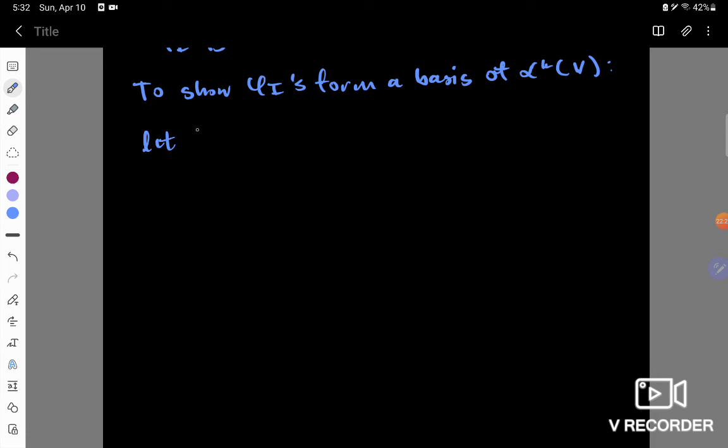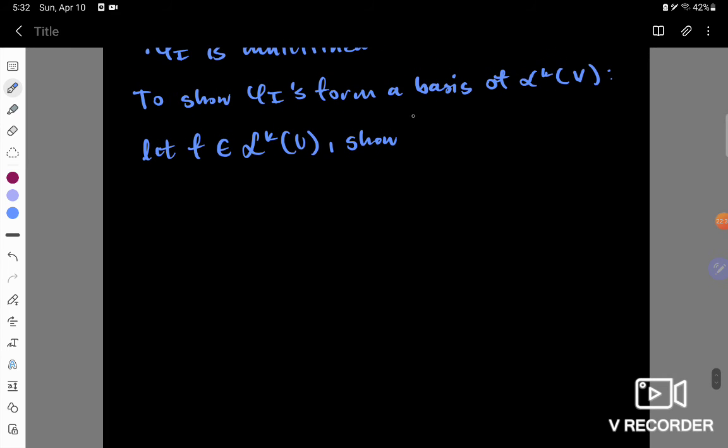Let F be an element of L to the k of V. That is, it is a k-tensor. And show it can be expressed as a unique linear combination of these phi I's.